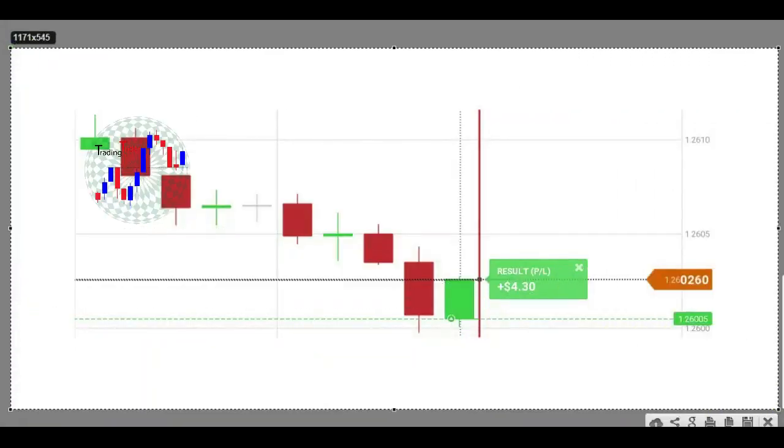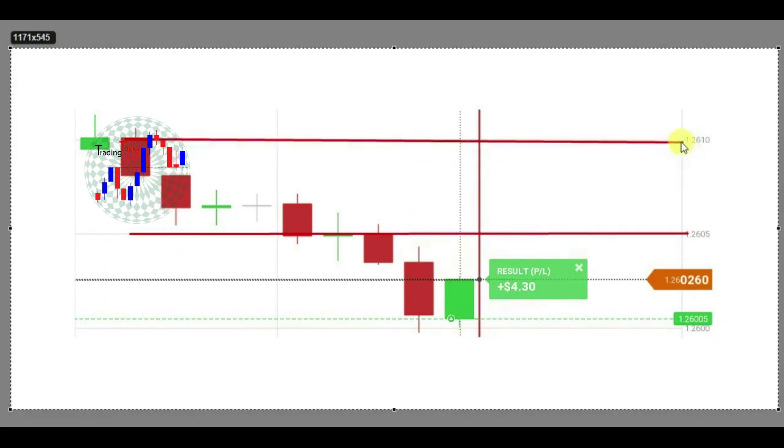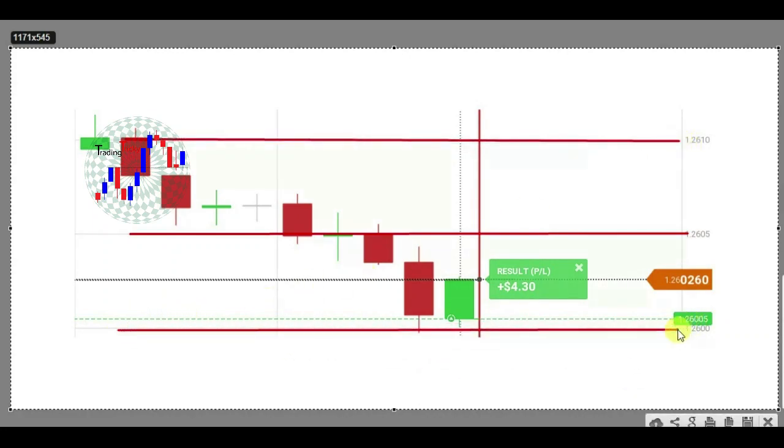As you can see, there are 3 round numbers. This is 1, 2, then here you can see another round number, and this is a very strong round number, 30. So this is a downtrend for 10 minutes, but this is not a strong momentum, because sellers become weaker as this is a round number.